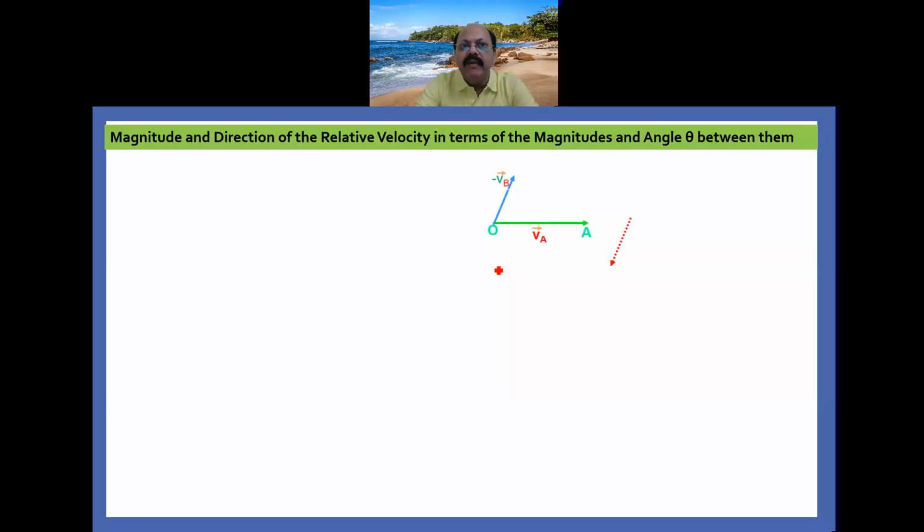From that formula, we can find the magnitude, and when we calculate tan of the angle, that gives the direction of the relative velocity of object A with respect to object B.